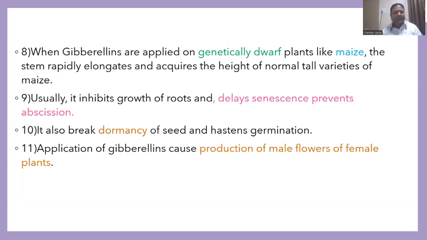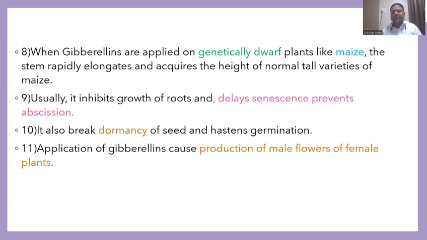It also breaks dormancy of seeds and hastens the germination, increases the rate of germination. And the last application of gibberellin is that it causes production of male flowers on female plants. In female plants, especially cucurbita, when we spray the gibberellin, male flowers are produced.